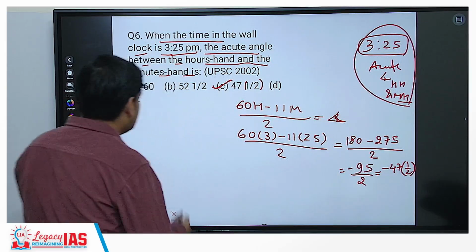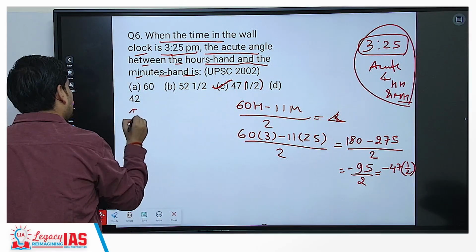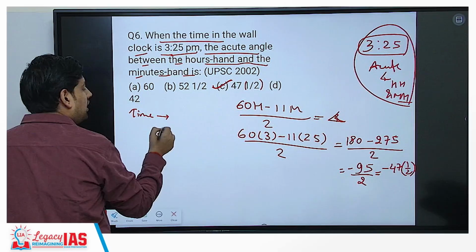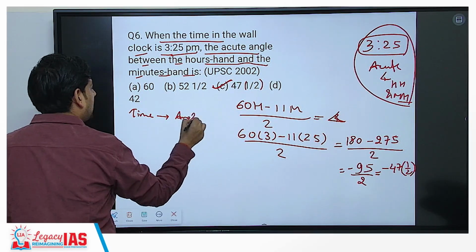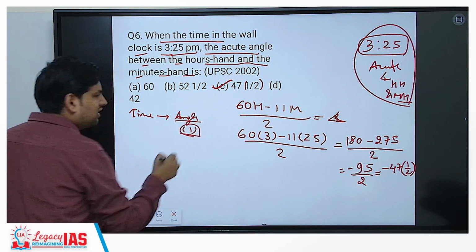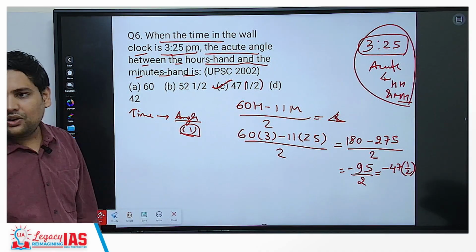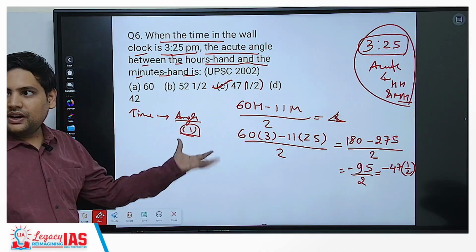Now you need to understand, when a time is given to you and you need to find the angle, you will get only one angle, correct? The acute angle that we always take. When time is given, you can find the angle directly.